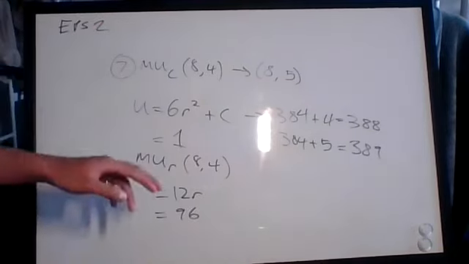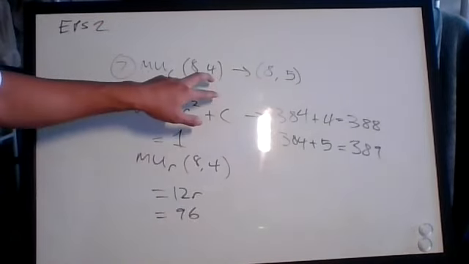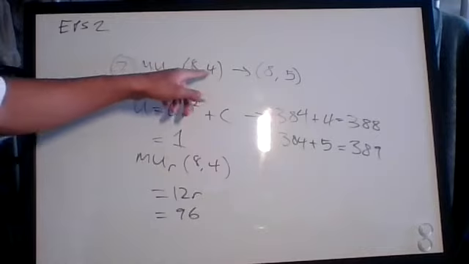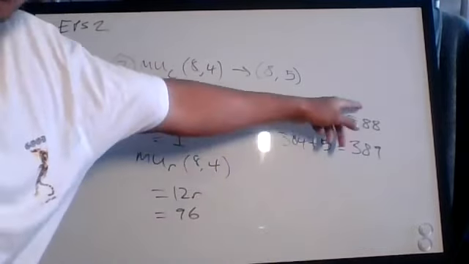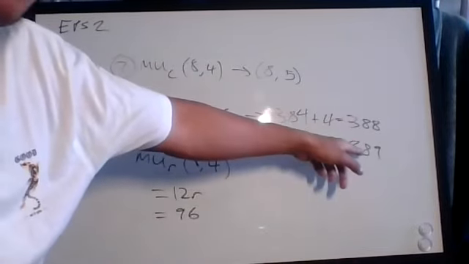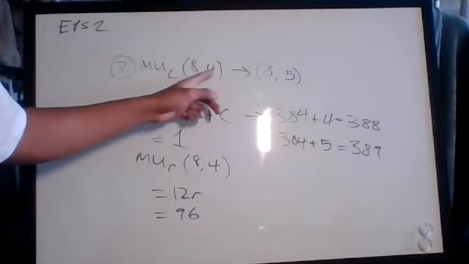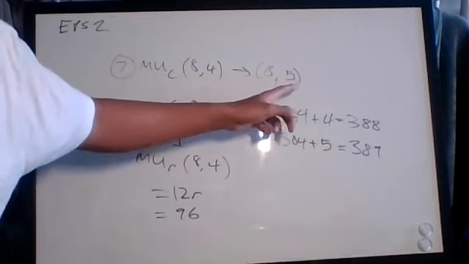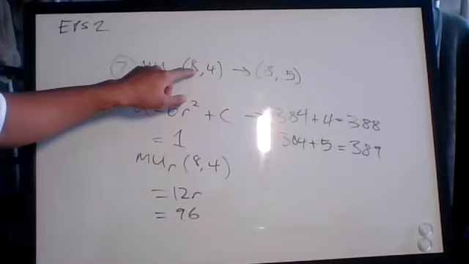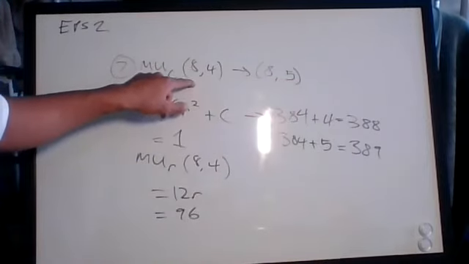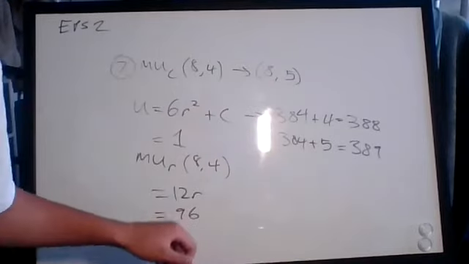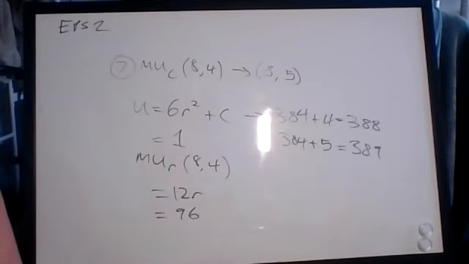And so the marginal utility of chicken was the increase in my utility going from 388 to 389 by increasing my level of chicken by 1, going from 4 to 5, while holding my consumption of rice constant, 8 and 8. You see that? That makes sense. Okay. All right.